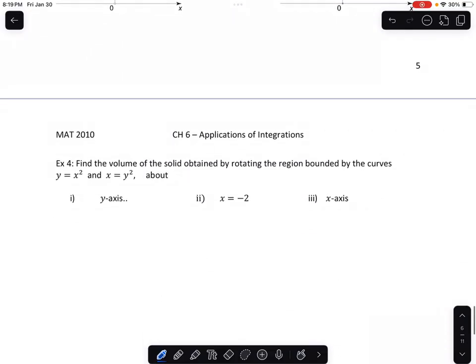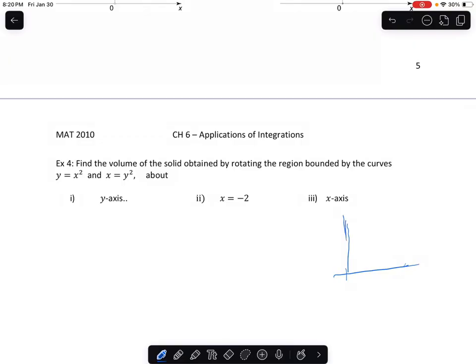It says find the volume of the solid obtained by rotating the region bounded by the curves y is equal to x square and x is equal to y square about... So I have three different lines. First let's draw the region and find the point of intersection so that we know what our bounds are, because over here it doesn't say, but we kind of have an idea.